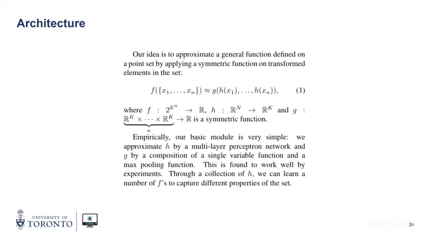The authors make a very interesting argument here. They say that for some function f that should satisfy all the things we want, it suffices to just use a symmetric function g and then apply function h pointwise to each of our individual vectors. I'll give you a minute to just read.